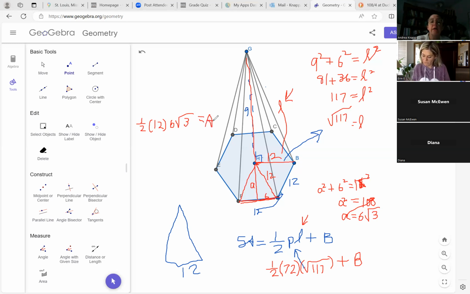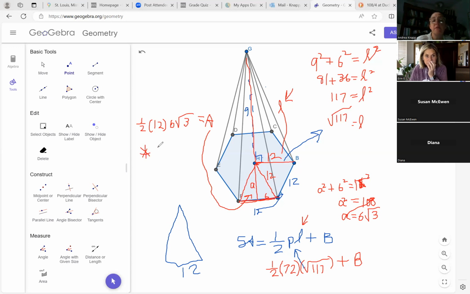That's the area of one of these little triangles, but how many of those triangles are there? There's 6 of those in that hexagon. So we'll take that times 6. A half times 12 is 6. So 6 times 6 root 3 is 36 root 3.